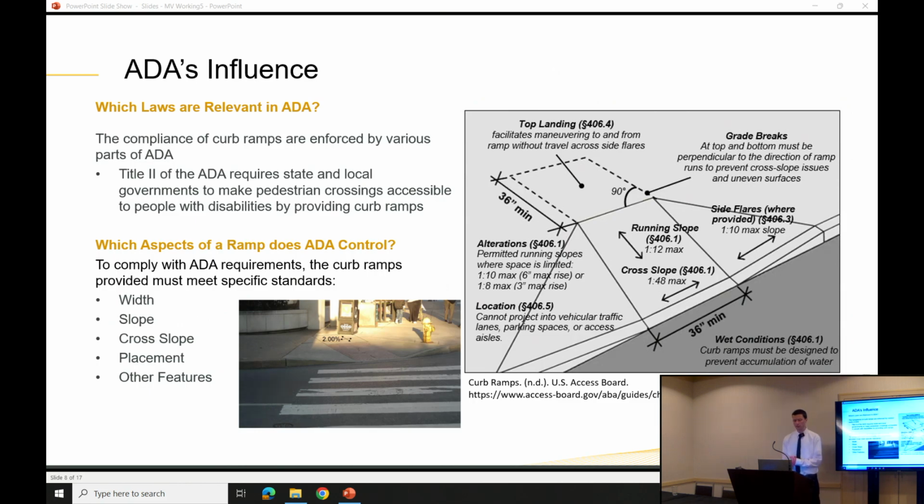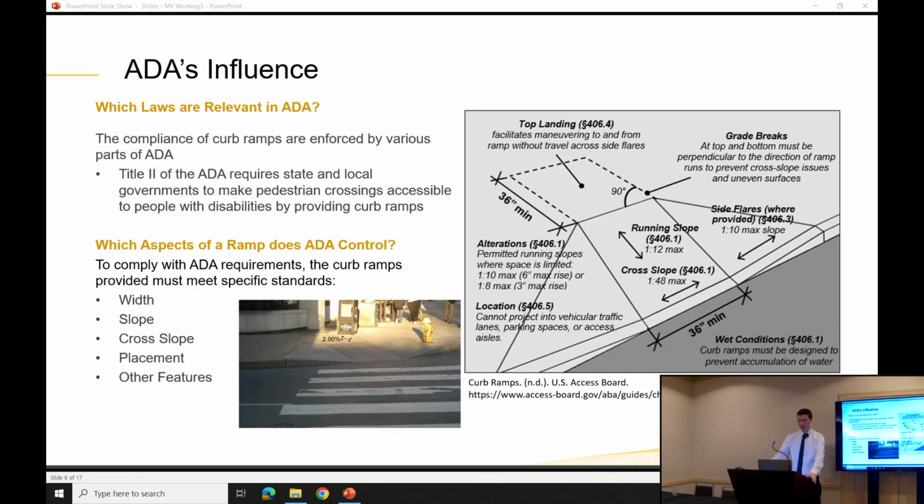Now, looking at the curb ramp specifications in detail, the compliance of curb ramps is enforced by various parts of the ADA. Title II of the ADA requires state and local governments to make pedestrian crossings accessible to people with disabilities by providing compliant curb ramps.